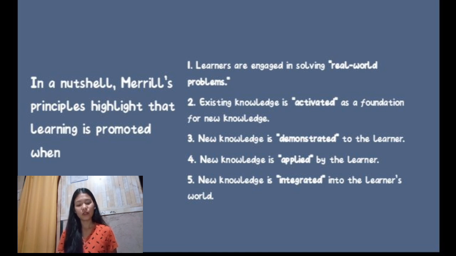Fourth, new knowledge is applied by the learner. Example here is they set up bins and show others how to use them. Fifth, new knowledge is integrated in the learner's world. For example, they start recycling at home and teach their families.